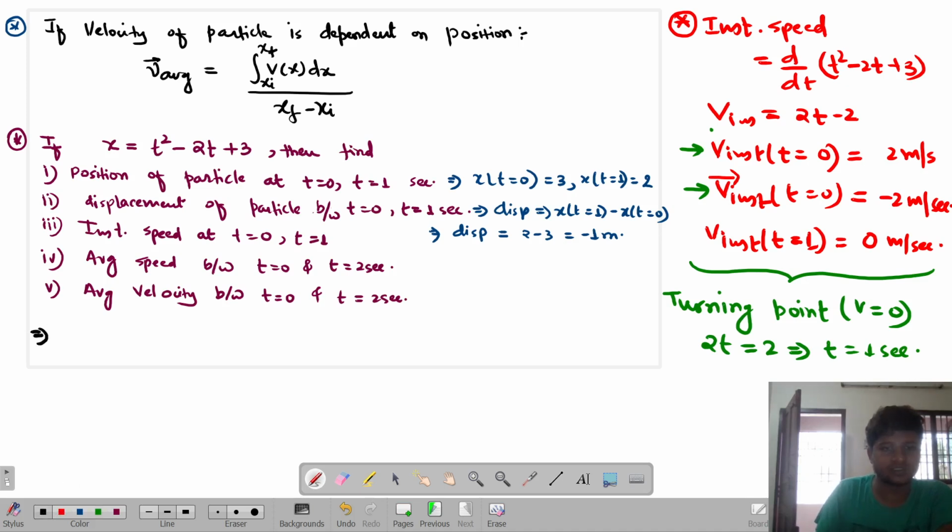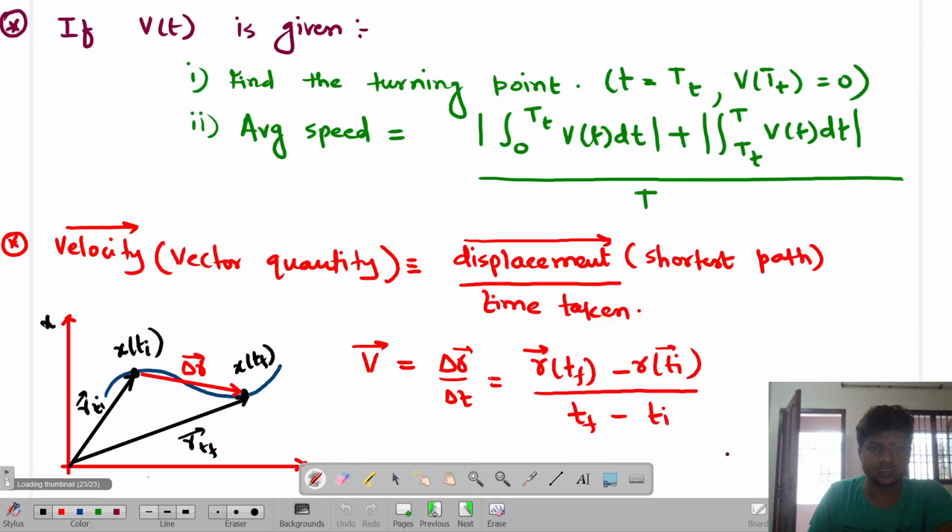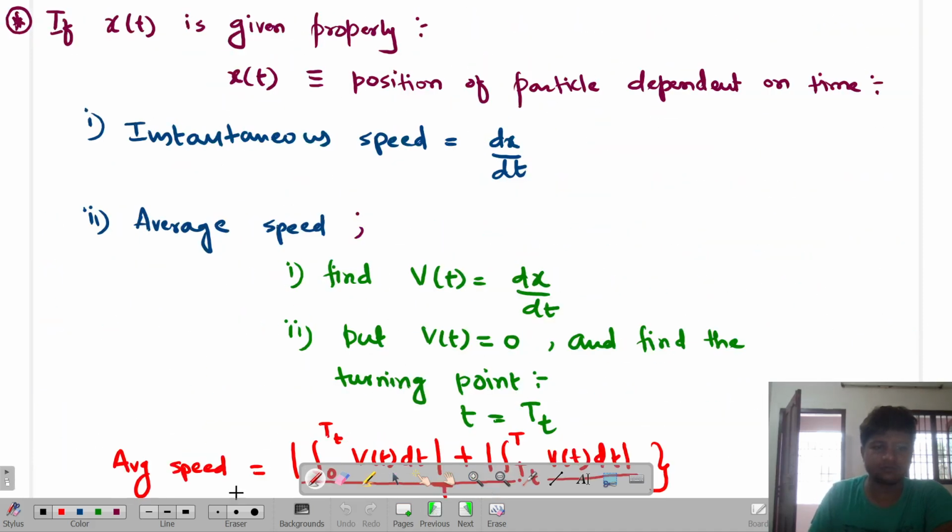So how to find average speed then? It's simple. Average speed formula is modulus of the integral from t initial 0 to turning point time 1 second, velocity dependent on time t. This is the formula, right? This big formula.